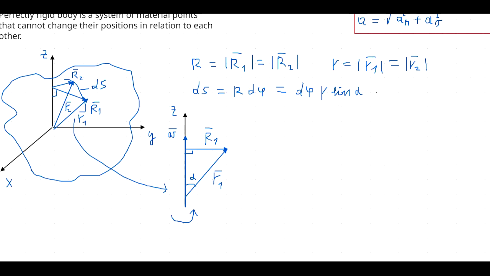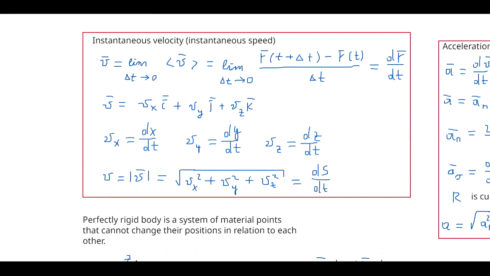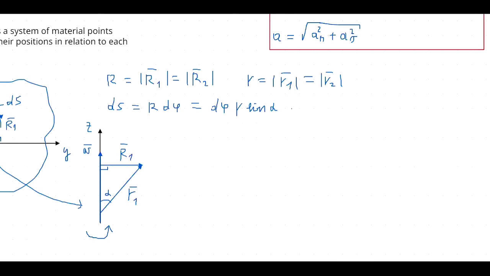As you can remember from this red frame, it is written here that the absolute value of velocity is equal to the first derivative of path length. So let's use this here.